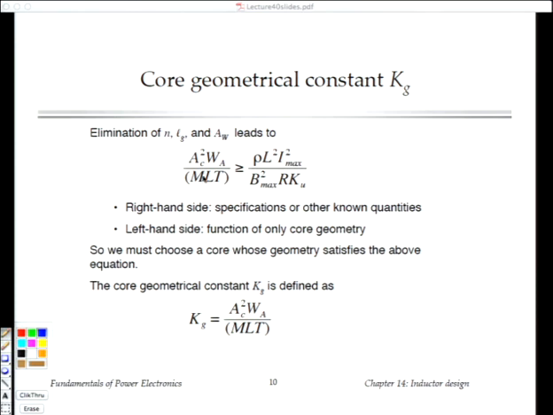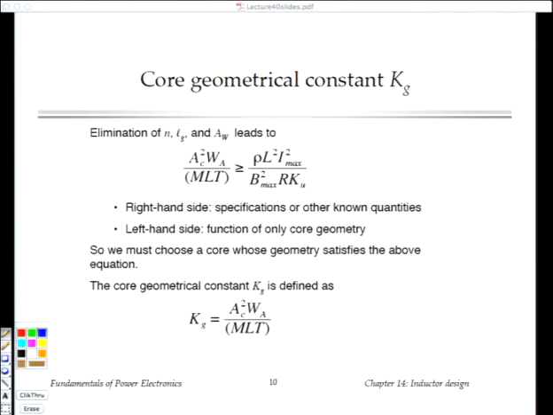So the quantity on the left-hand side is called the core geometrical constant. Colonel McLyman at JPL came up with this name and this approach in the 1970s. And so he calls this Kg the geometrical constant, and that's what we're doing here, applying that approach.